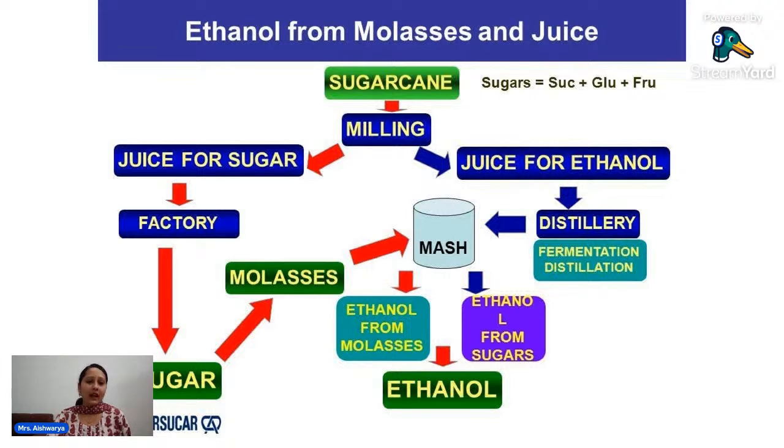And on our right hand side, the juice of sugar is forwarded to the factories, and then the sugar is produced, and after the sugar production, the molasses, the waste material of the sugarcane straw, is also delivered to the fermentation and distillation units, from where the ethanol from molasses is extracted, and the end result is our ethanol. So the agricultural waste produced by the sugarcane is also working for the production of ethanol.